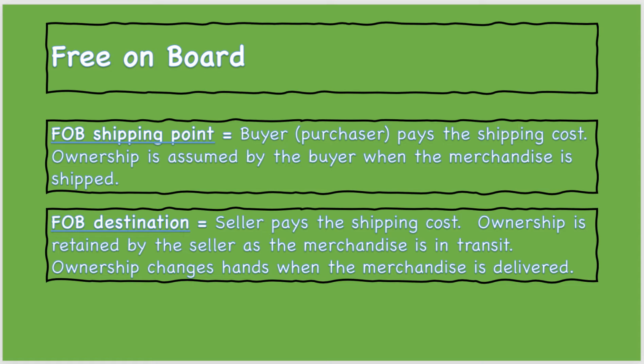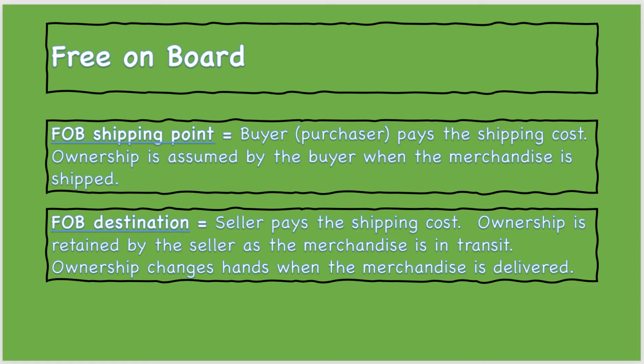Revlon calls UPS, says, hey, we got a package here. We need you to deliver it to Target. Revlon has to pay UPS to ship it, and while UPS is transporting that shipment to Target, guess who owns it? Revlon. Target does not take ownership of that merchandise until Target receives the merchandise, until it's delivered to them.